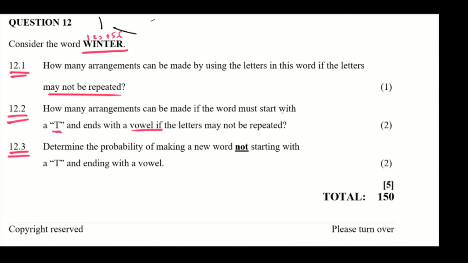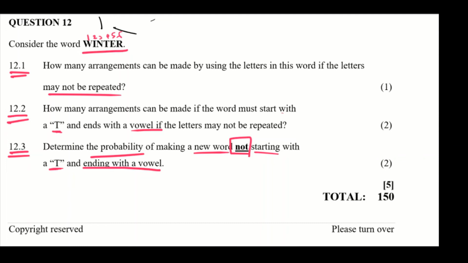12.3. Determine the probability of making a new word not starting with the letter T and ending with a vowel. So we don't want our word to start with T and we don't want it to end with a vowel.